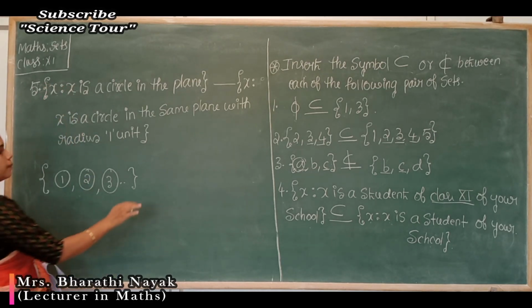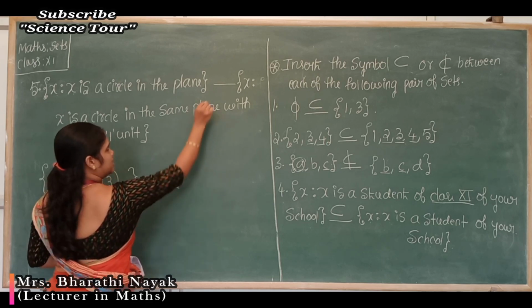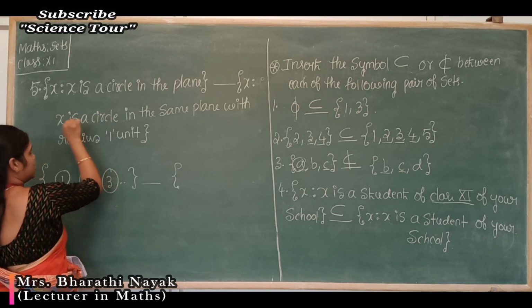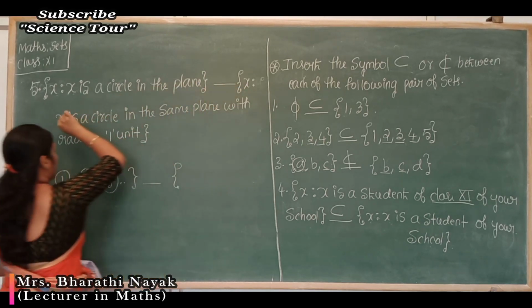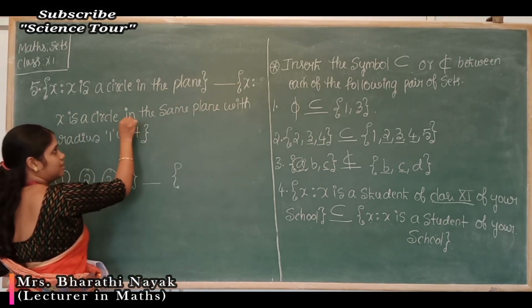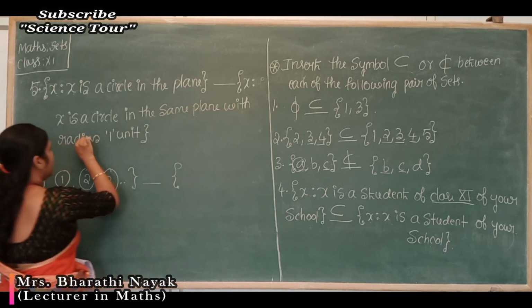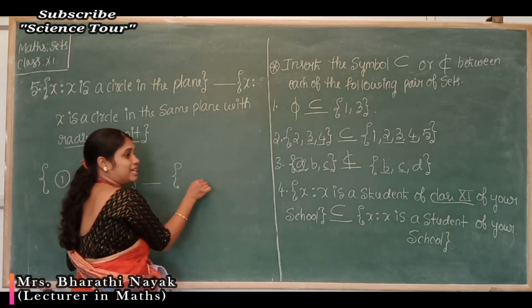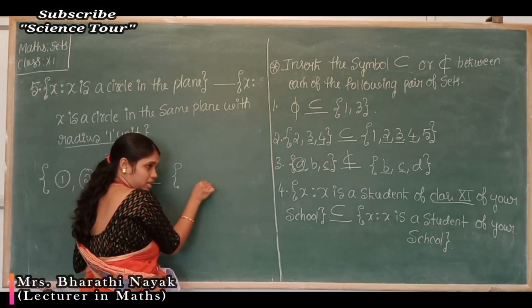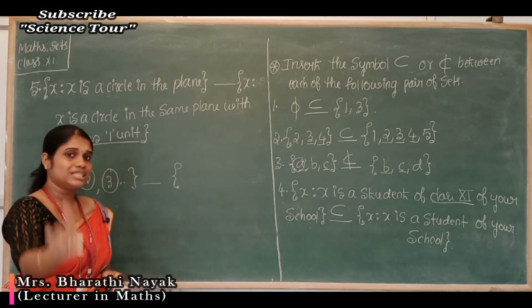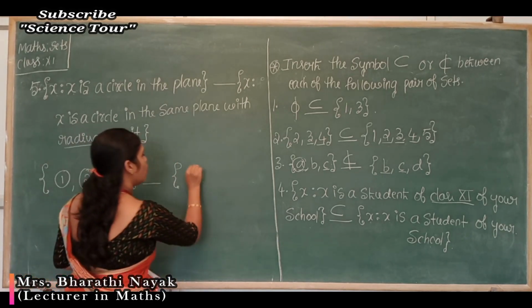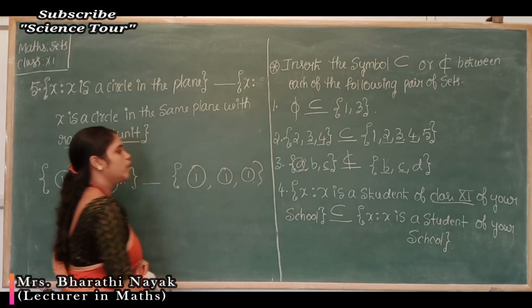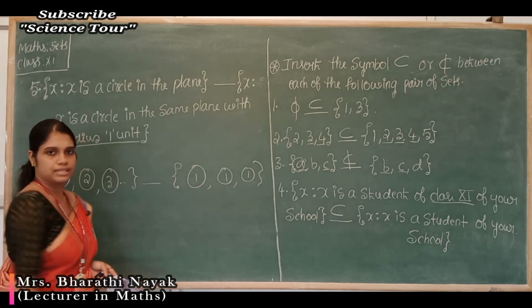But your second set contains only those circles whose radius is 1 unit. Only the circles with radius 1 unit are included in the set B.